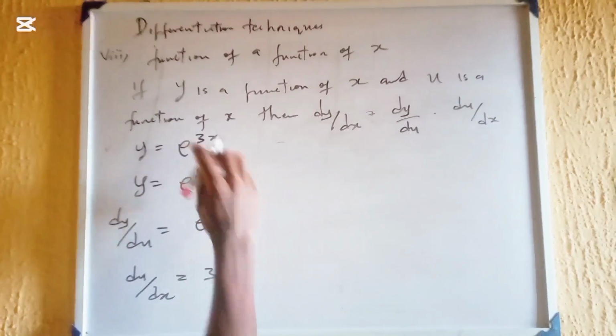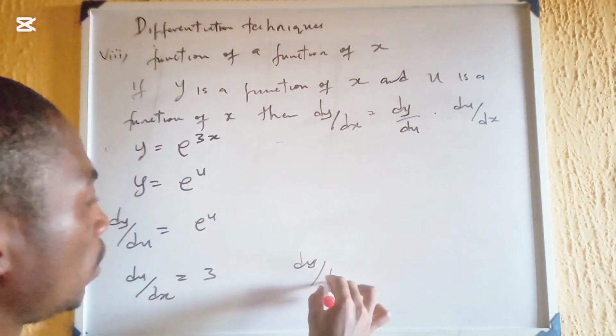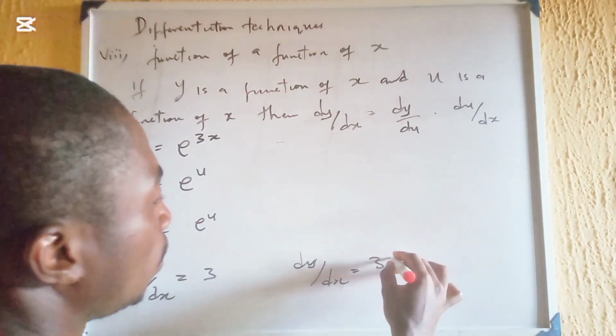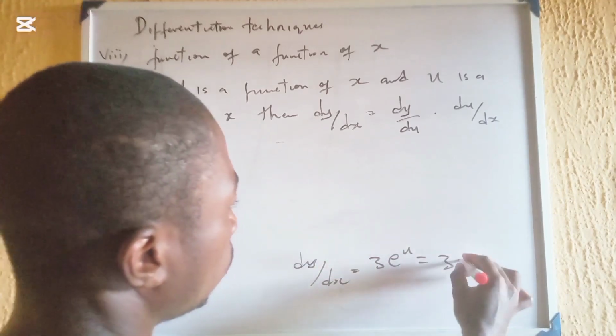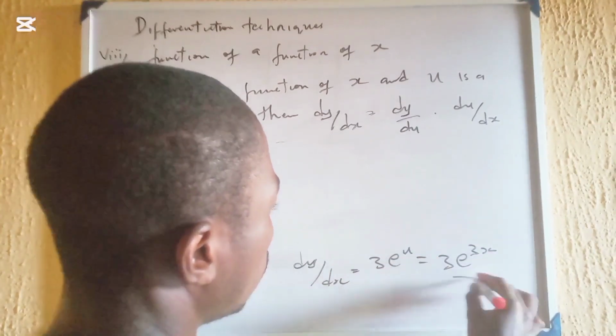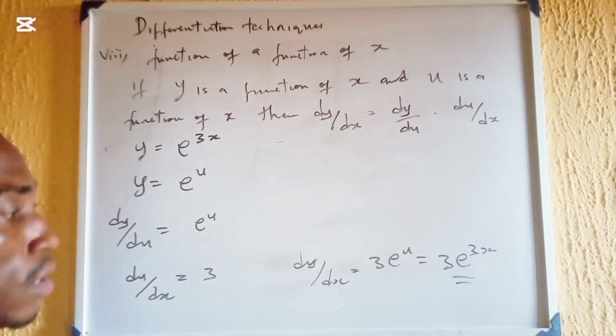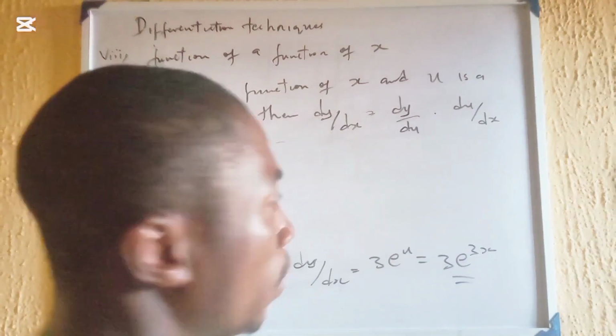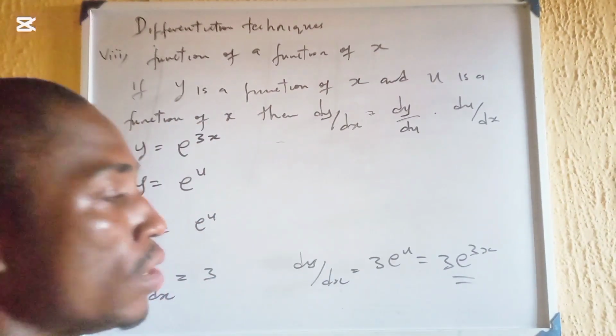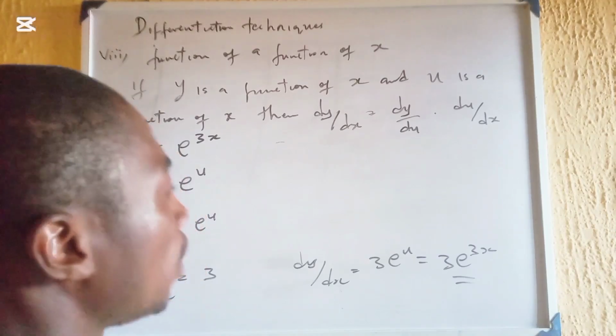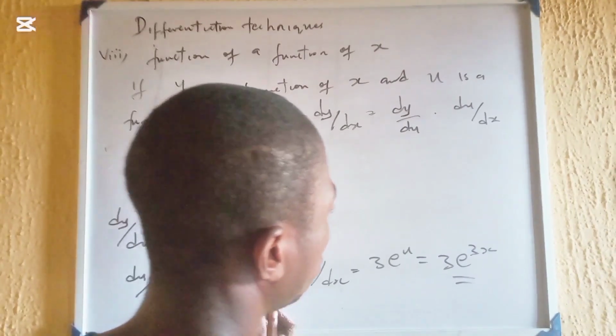Remember that this is our u. Then dy/dx is equal to 3e to the power u, which is equal to 3e to the power 3x. So this is the same thing for the derivative of exponential functions. That's for e to the power kx, you'll have ke to the power kx. Let's look at the next technique.